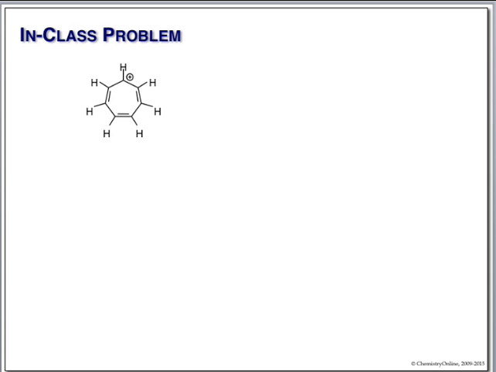Let's just do our first step. I'm going to grab one of these, move it up, and that's a resonance form. Go ahead and draw some more. Seven-member rings really are difficult to draw.